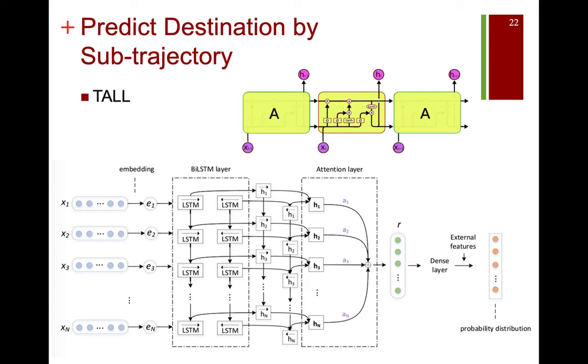So it's a completely data-driven model, right? Besides, it can also capture the sequential information from the given sub-trajectory with long-term traversal dependence. So this is all about destination prediction and how TOR deals with this topic.